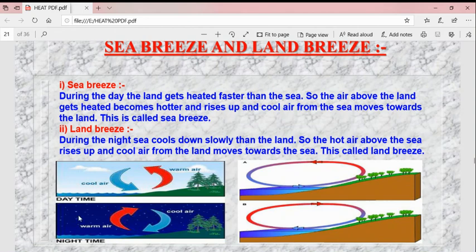The warm air above the sea surface rises up, and the cool air above the land moves towards the sea to fill the space emptied by the warm air. So this flow of air from the land towards the sea is called land breeze. This is how the breezes take place in the coastal areas.